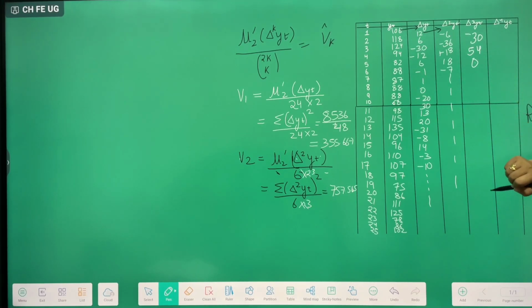Minus 7 minus 18 would be minus 25, and so on. And for delta raised to the power 4 yt also we'll calculate here. 54 plus minus 30 would be 84. 0 minus 54 would be minus 54. Minus 25 minus 0 would be minus 25, and so on.